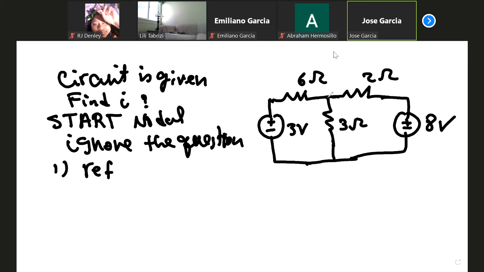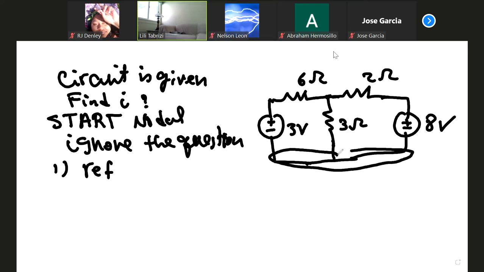Top middle. Let me ask the class, is that a good choice? No. What is a good choice? Usually the bottom one. Usually the bottom, when you have the negative of the sources connected or the most number of elements connected to, it's a good choice. However, when the student said this node, that's perfectly fine, but you make it a bit more complicated later. You can choose any point, but this is a good choice for reference. So this is going to be my reference.